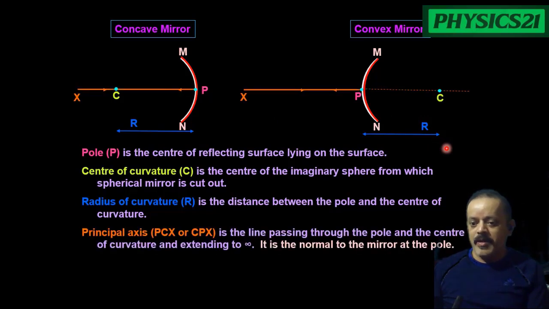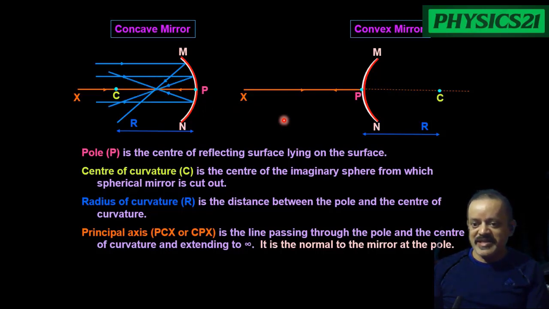Principal axis. A line joining the center of curvature and the pole of the mirror is called the principal axis. So in these diagrams, XP will be the principal axis. Now focus.